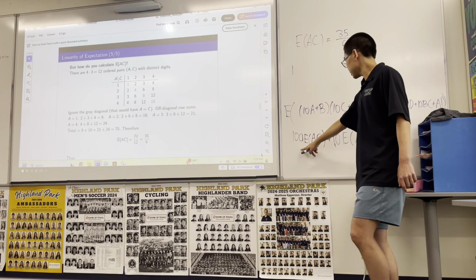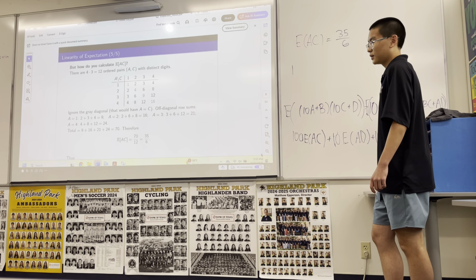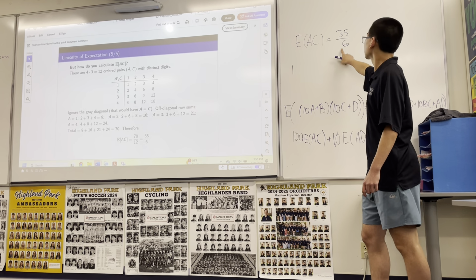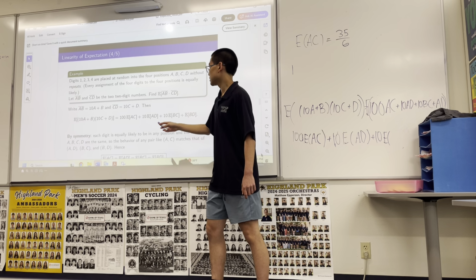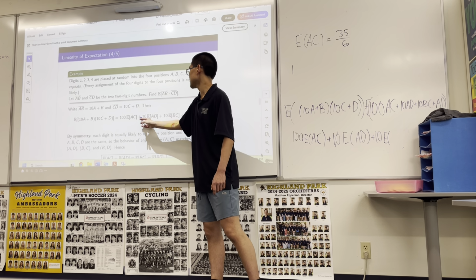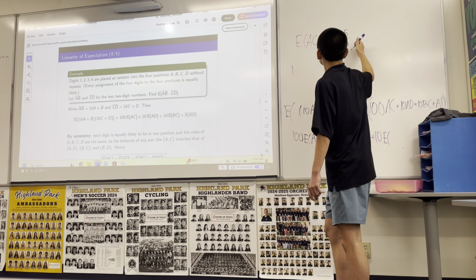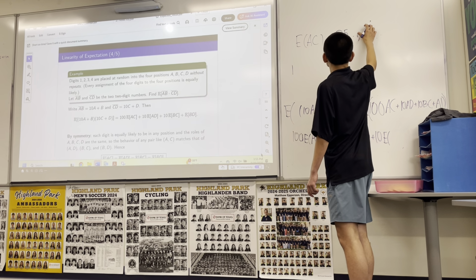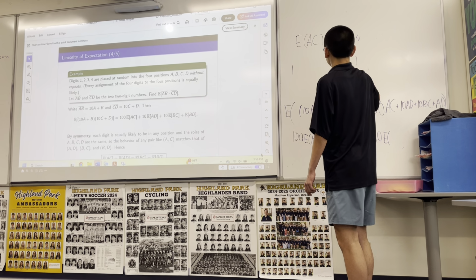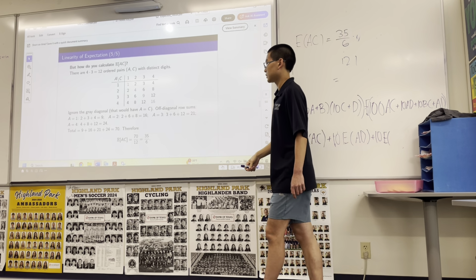Okay, so you have 100 plus 10 plus 10 plus 1 times the expected value. But these are all the same. They're all 35 over 6. So you can just take the coefficient, 100 plus 10 plus 10 plus 1, multiply it by the expected value. So you multiply by 121, and you get the expected value of the product.